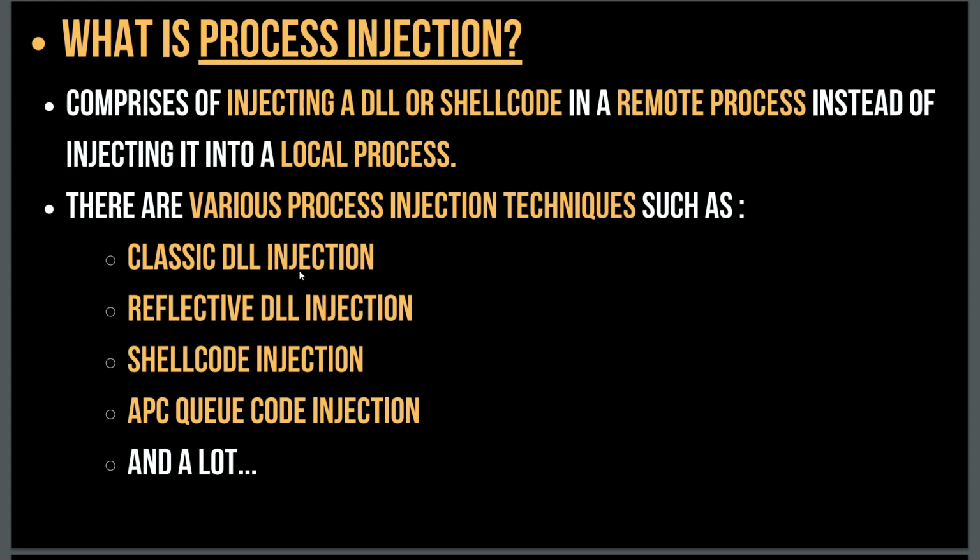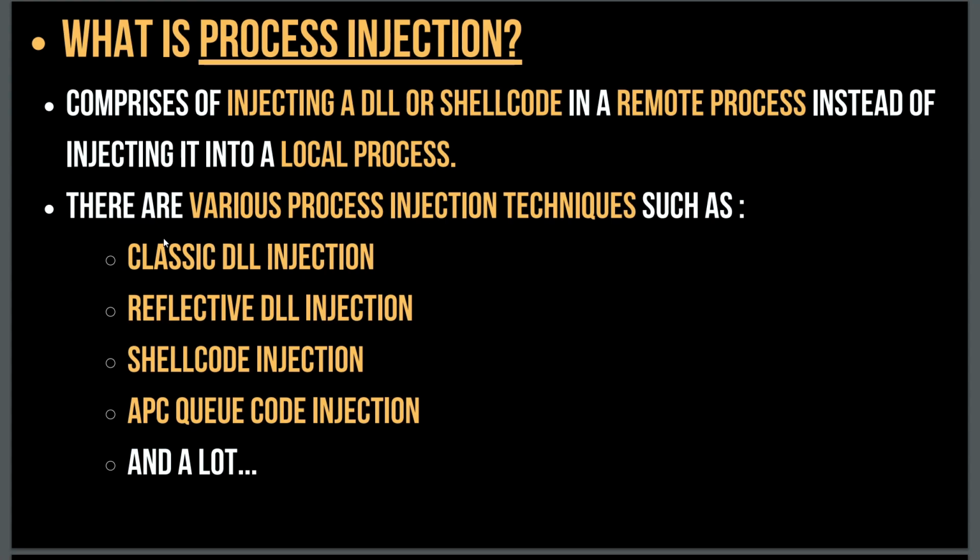We are not injecting the shellcode in a remote process. But in the process injection technique, we inject the same piece of shellcode in a different process. We inject it in a remote process instead of injecting it into a local process.